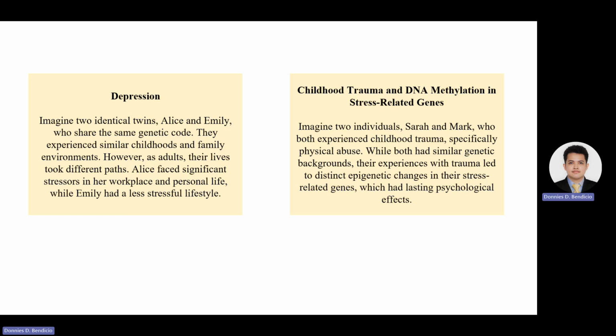So over time, the chronic stressors in Alice's life led to epigenetic changes in her DNA, specifically through DNA methylation and histone modification. So these epigenetic alterations affected the expression of genes associated with mood regulation and stress response in her brain. So as a result, Alice became more susceptible to depression.